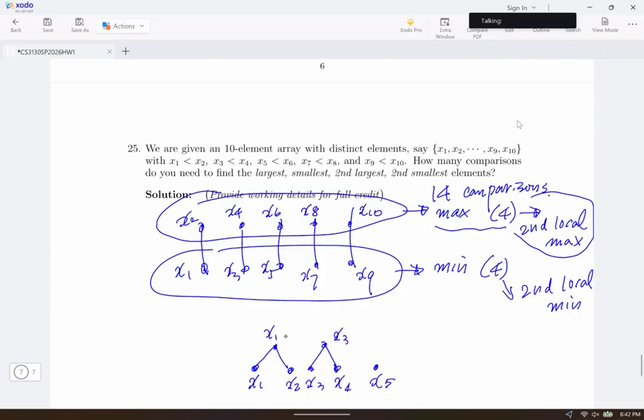Then x1 in the last round. Worst case, here we need to consider the worst case, x1. X5 won't be the worst case, because X5 suddenly beats the best one, right?